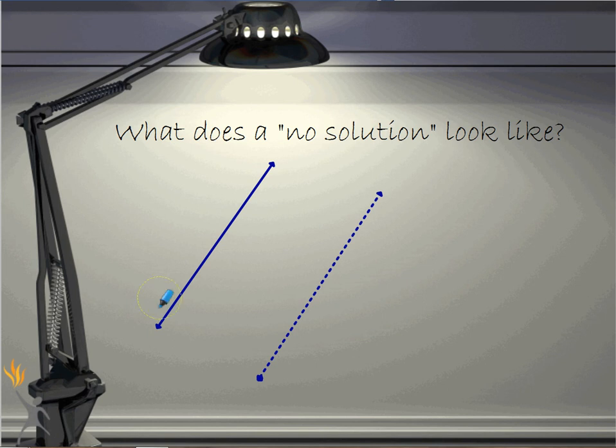What if one line got shaded on this side and the other line got shaded over here? Where do the two shadings meet? Remember, for a system of inequalities anyway, we're looking for where the two shadings overlap. Well, when they don't overlap, there's no solution. So this is what a no solution could possibly look like in a system of inequalities.